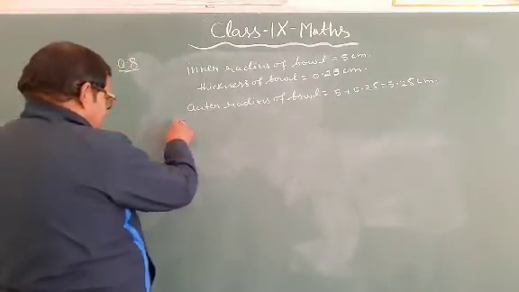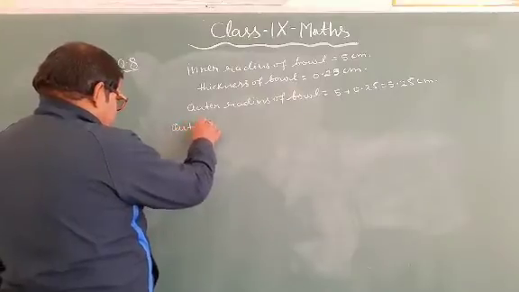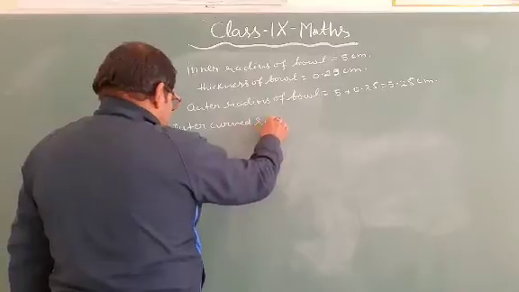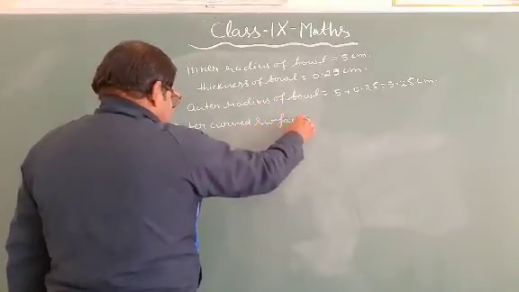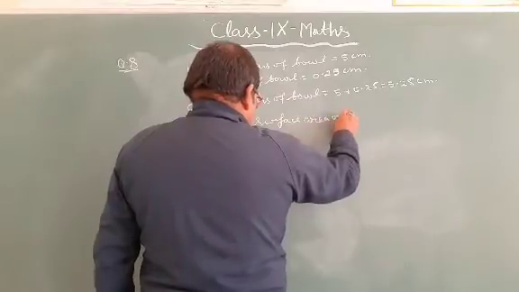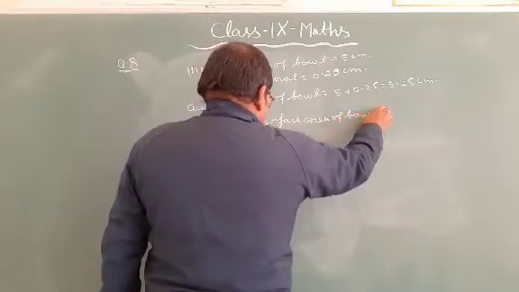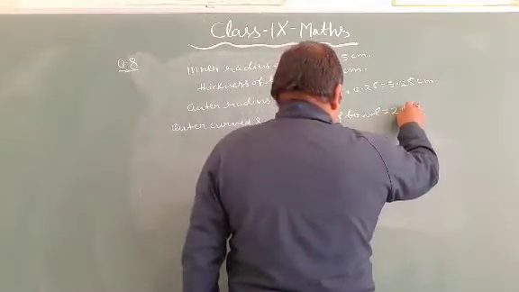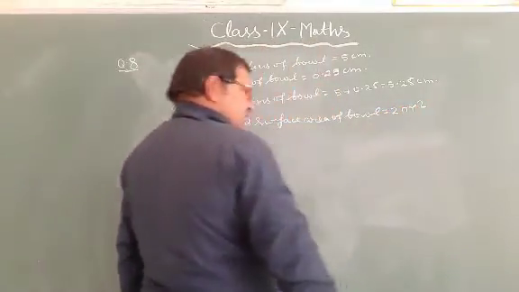Outer curved surface area of bowl is equal to 2 pi r square.